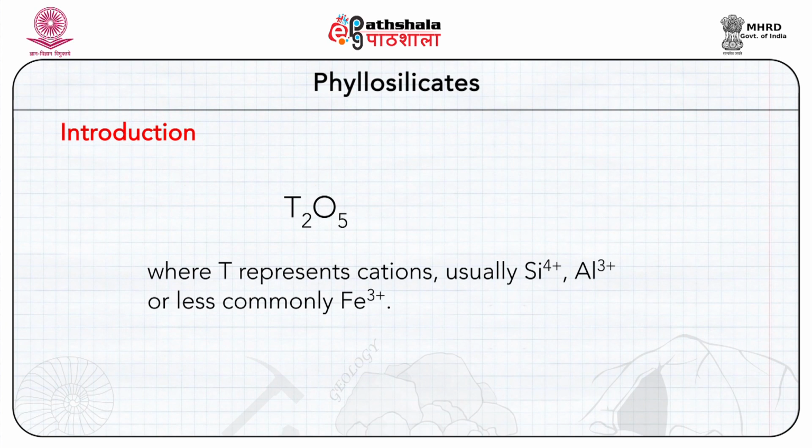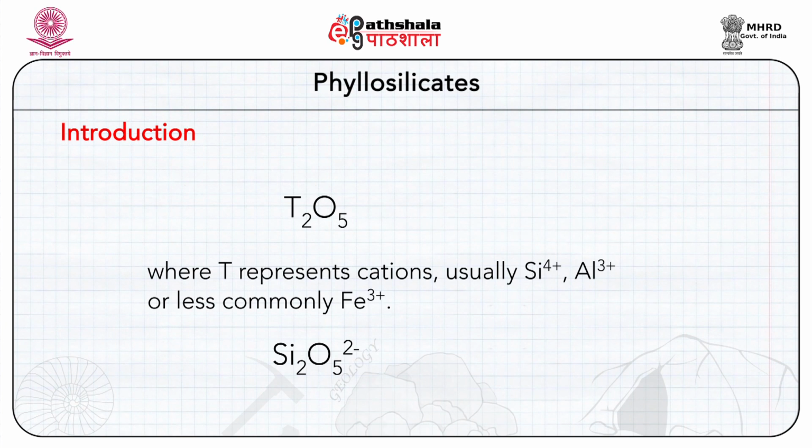So, a tetrahedral sheet has the chemical formula Si2O5 with a 2 negative charge. Sometimes Al3+ and Fe3+ substitute for Si4+, increasing the net negative charge on the tetrahedral sheet. The unbonded tetrahedral apices of the sheet all point in the same direction.